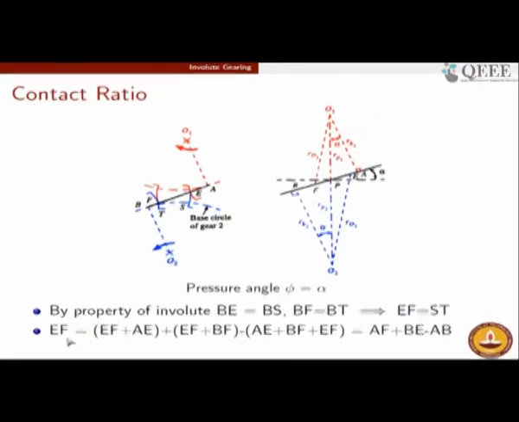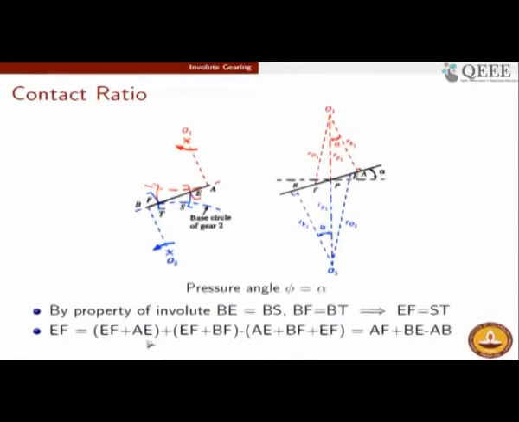Also we note that EF can be alternatively written as EF plus AE, plus EF plus BF, but then we are double counting EF, so we will subtract one EF, we will also subtract AE, and we will also subtract BF. So just by simple algebraic manipulation, EF could be written in this form: EF plus AE, plus EF plus BF, minus AE, minus BF, minus EF. Right? So this is what we have.